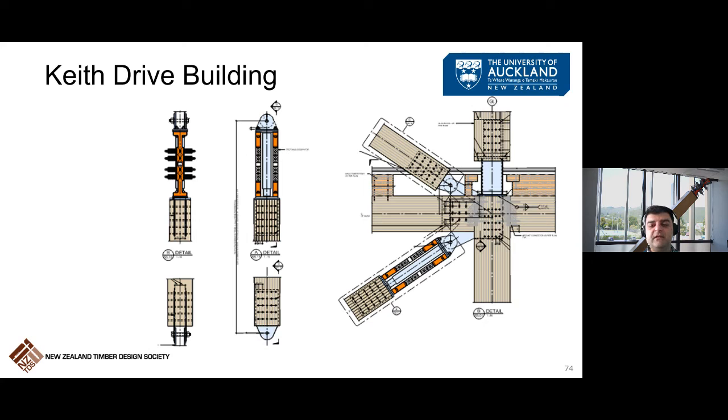These are the details they used for the RSFJs and the braces. So they had devices and anti-buckling tubes pinned to the gussets, and then similar knife plates inside the glulam, and then dowels to connect.